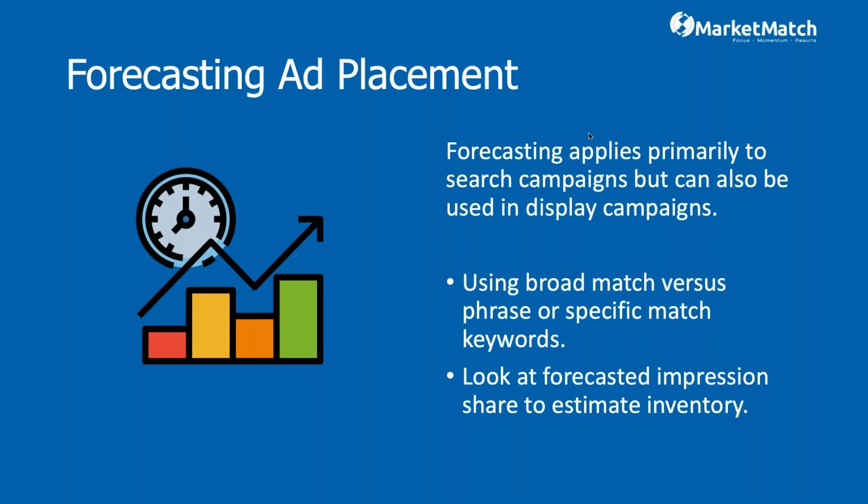The other thing we can take a look at is what's called the forecasted impression share. Impression share is a part of digital ad inventory that measures, of all of the ads in your specific area of the market, what you are selling, the forecasted probability of having your ad shown to the audience that you're going after.